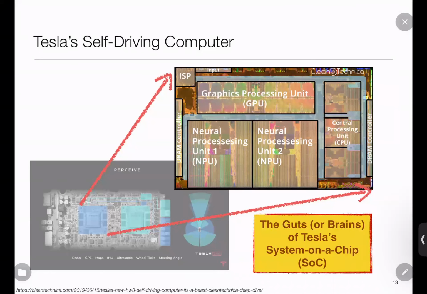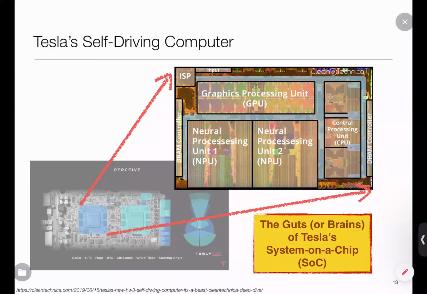This chip, I think they introduced another version just a few weeks ago, but my slide is a little bit older, but these are some of the biggest chips around. And what you see here is a graphic processing unit, right? Partly this is just for those pretty displays which you see in the cars, but also to process the sensor signals using neural networks.